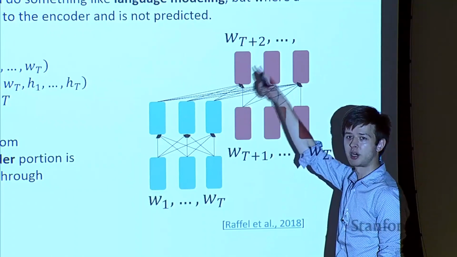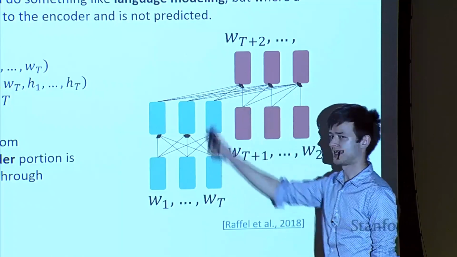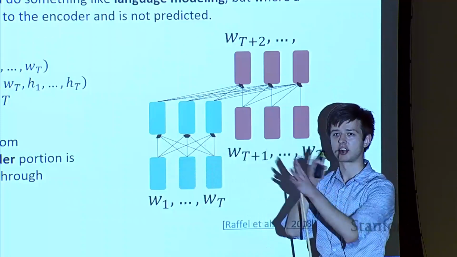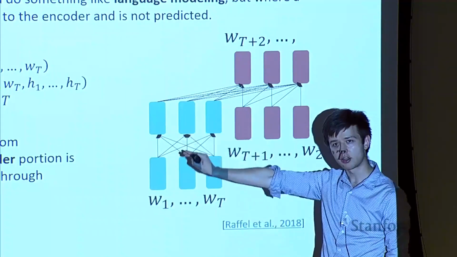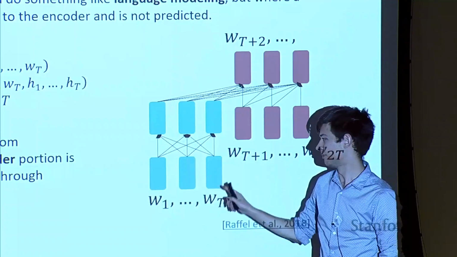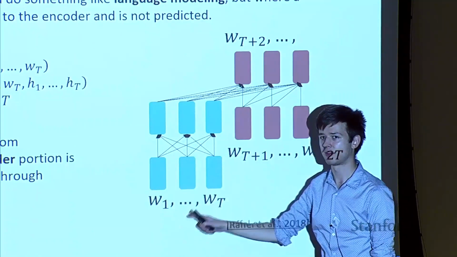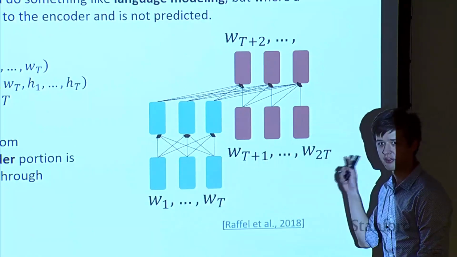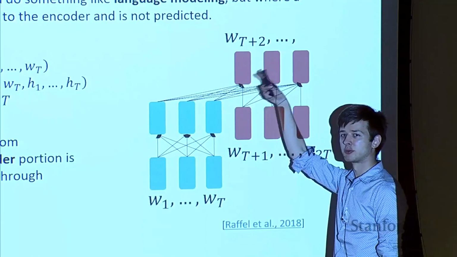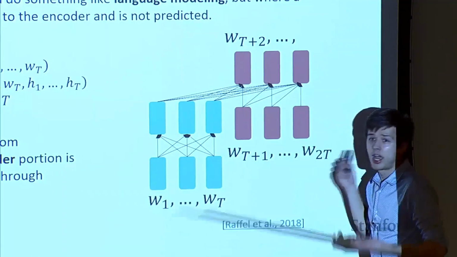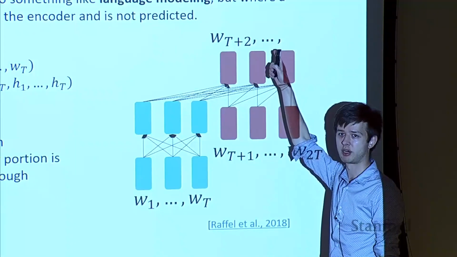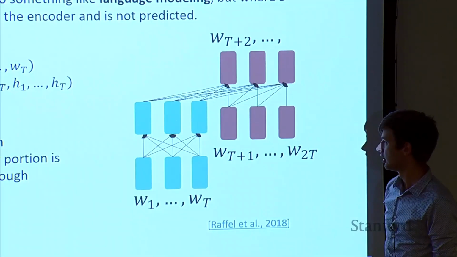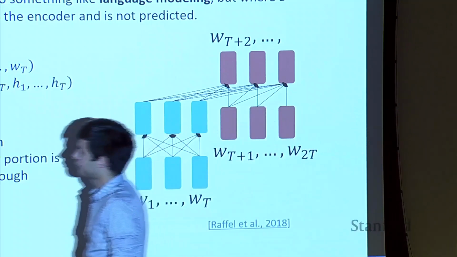So we're doing language modeling on half the sequence, and we've taken the other half to have our bidirectional encoder. We're building strong representations on the encoder side, not predicting anything there, and then on the other half of the tokens, we predict as a language model would do. The hope is that you pre-train both of these well through the one language modeling loss.